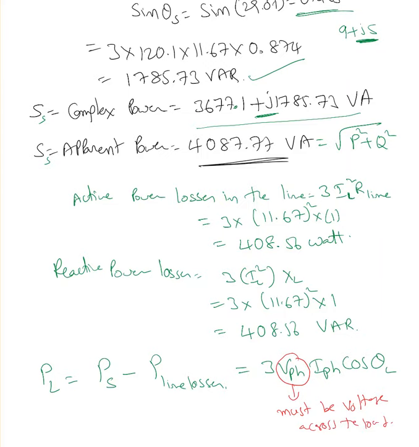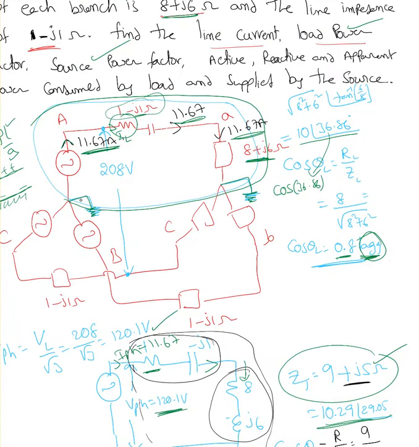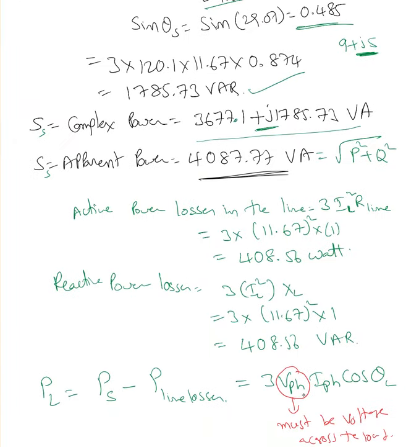Whatever we found, 120.1, is the voltage across the source. Out of this 120.1 volt, there is some voltage drop across the line, and the remaining goes to the load, maybe 110 or 105. I don't know the exact number, so I'm not able to use this formula.